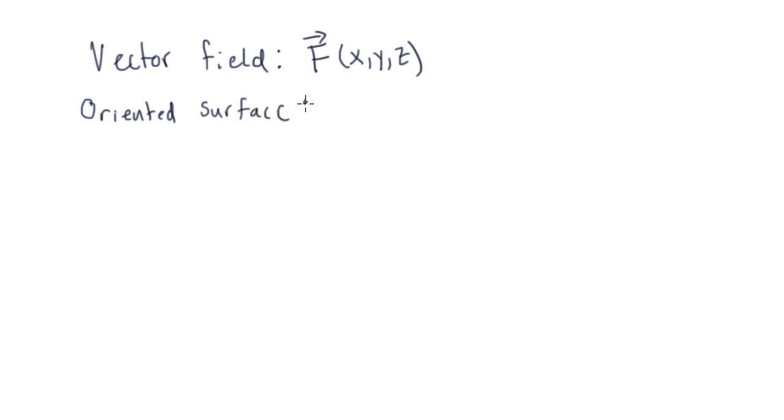We talked about what that means. And so we'll call the surface S, but we want to assume that we have a parameterization. So the parameterization is going to look like r of s, t, and s and t live in some region in the st plane. So maybe it's just a square, or maybe it's a little bit more complicated, but that's the idea.